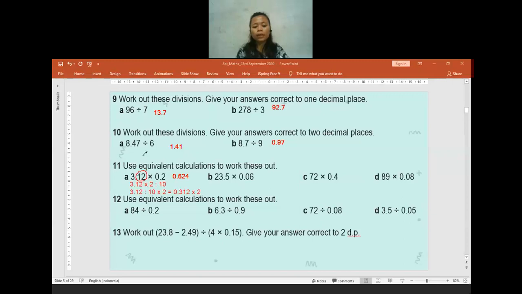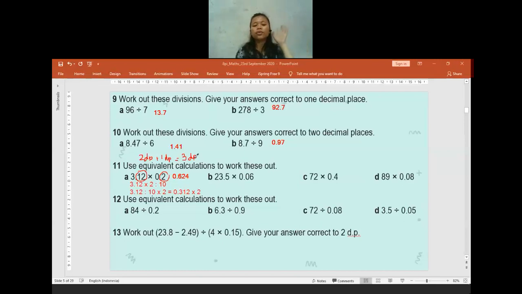Like 3.12, there are 2 decimal places, and 0.2 has 1 decimal place. 2 decimal places and 1 decimal place in total will be equal to 3 decimal places. That's why the final answer will be given in 3 decimal places.